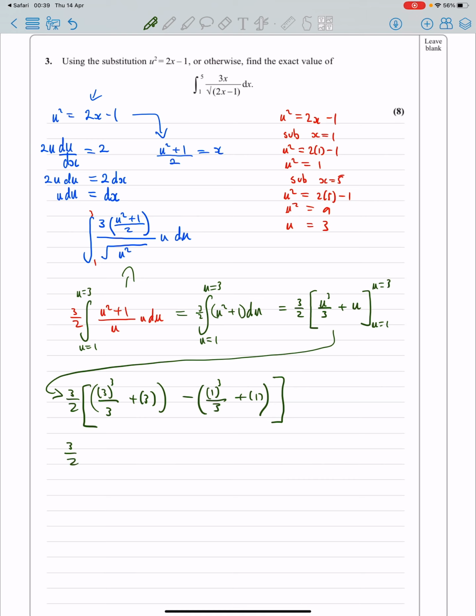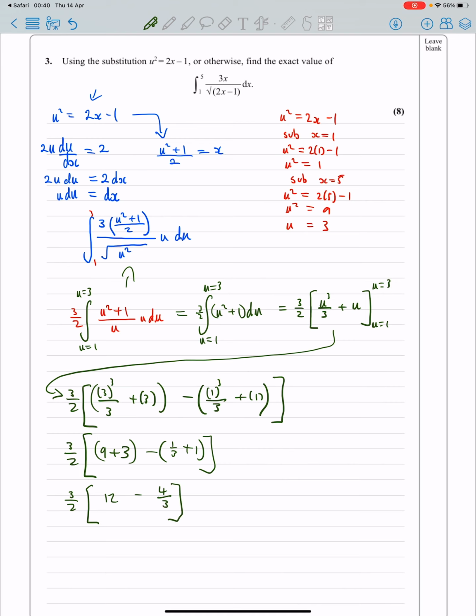giving us 3 over 2. And then, 3 cubed divided by 3 is just 3 squared, which is 9. So we have 9 plus 3, take away a third plus 1. So that's going to be a third plus 1. Then we have 3 over 2 lots of, so 9 plus 3 is 12, minus a third plus 1, well, that's equal to 4 thirds.